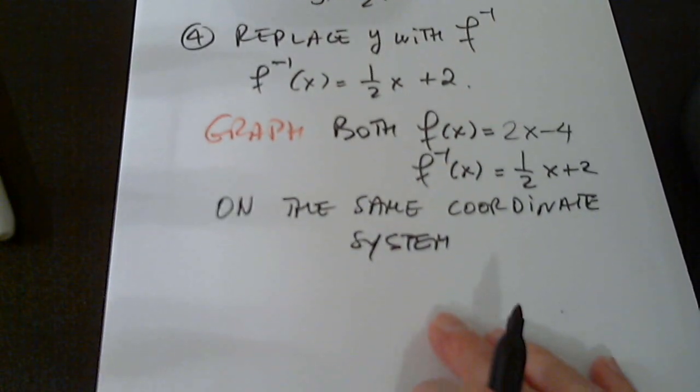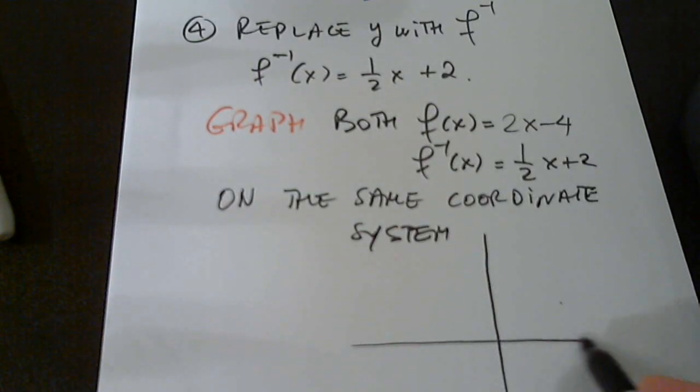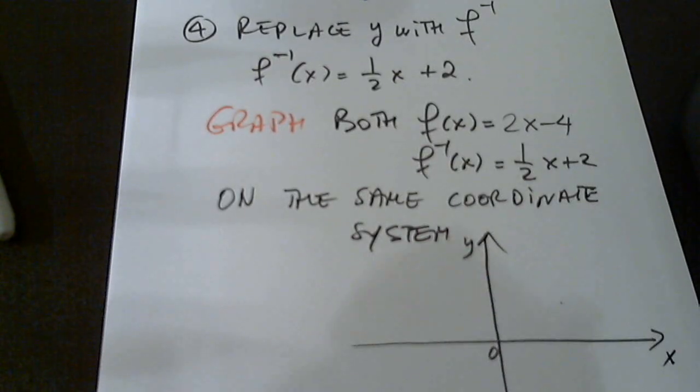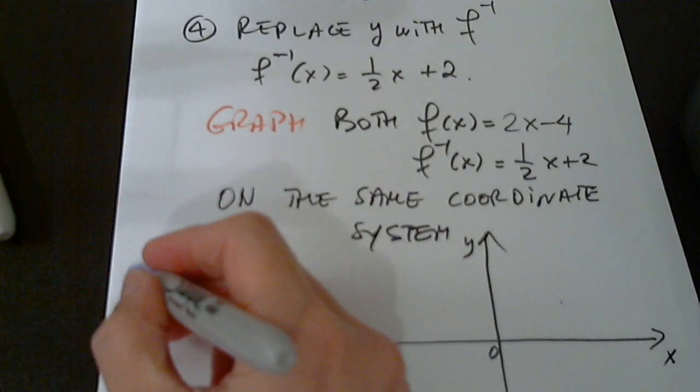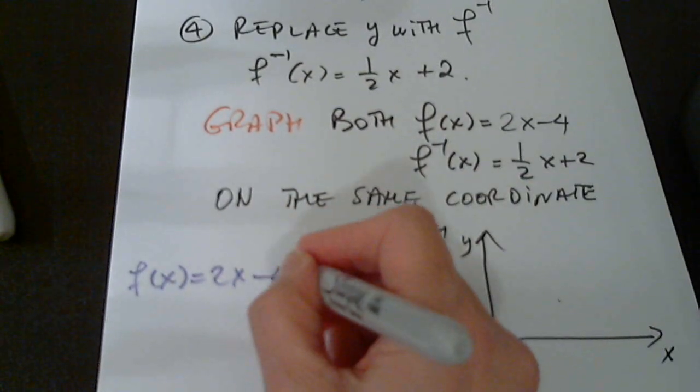Okay, here's the coordinate system. And we start with f of x equals 2x plus 4, 2x minus 4, of course.